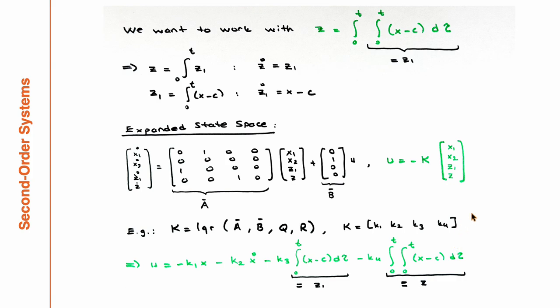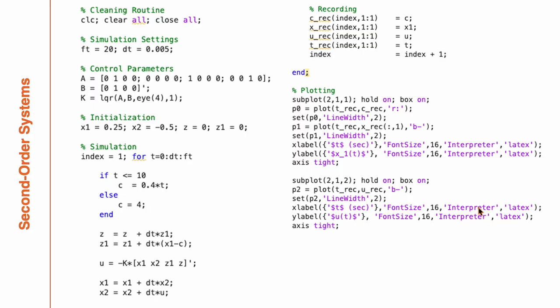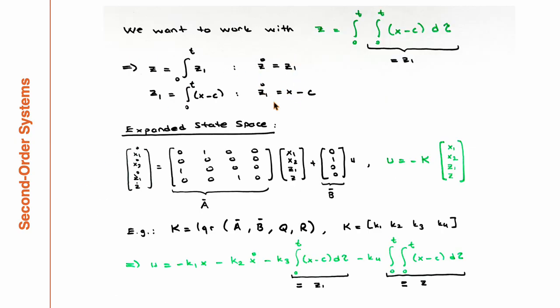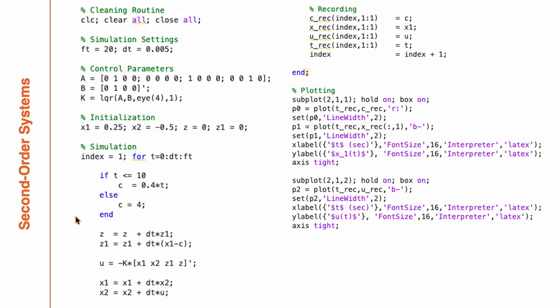So I think here you will need a numerical example. This is how you design. First of all, you have a second order system, x dot equals u, or in state space like this. When you use the integral approach, you need to include z and z1, as I just explained, two additional dynamics coming from here, representing integrals.